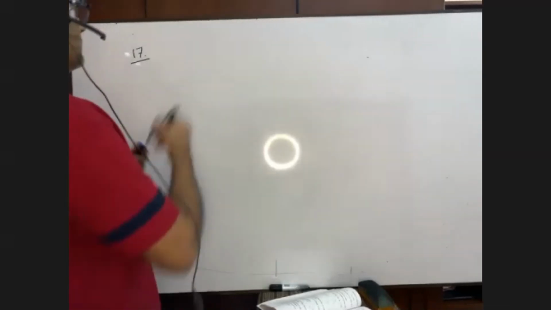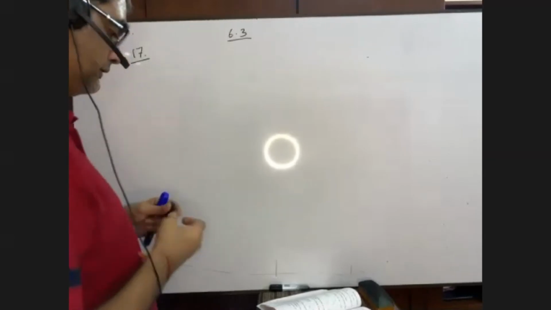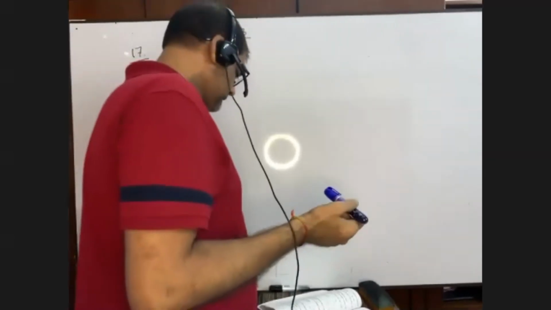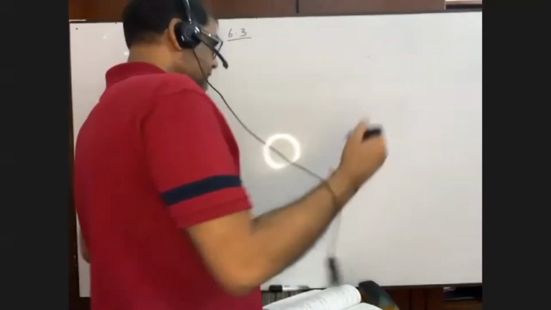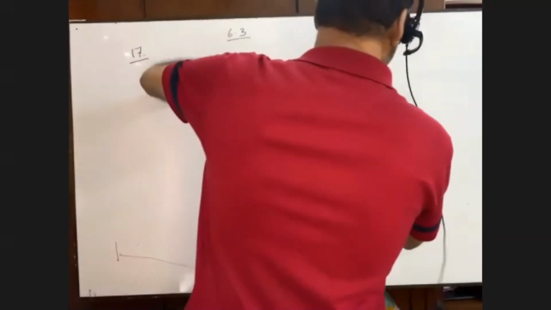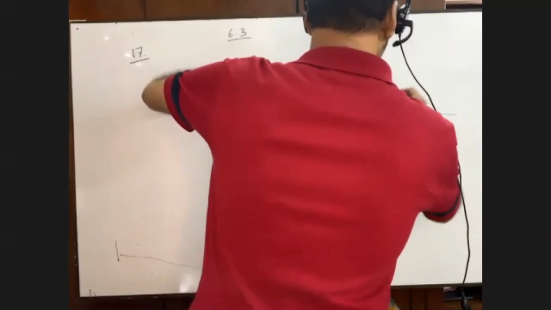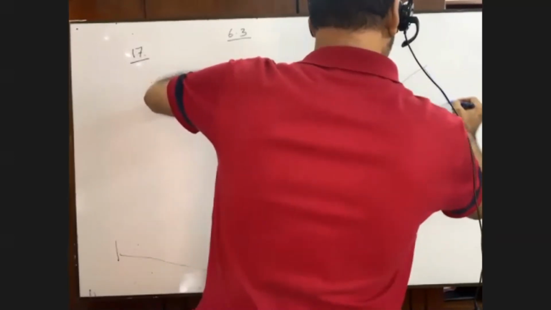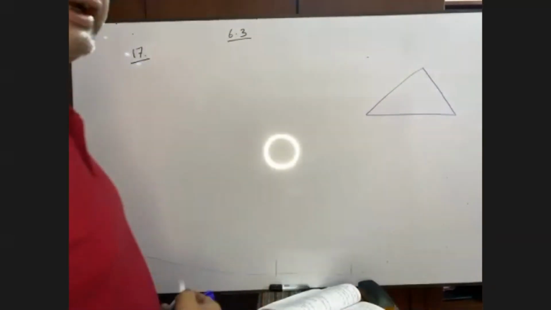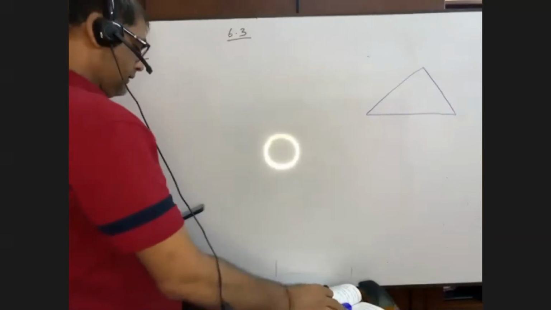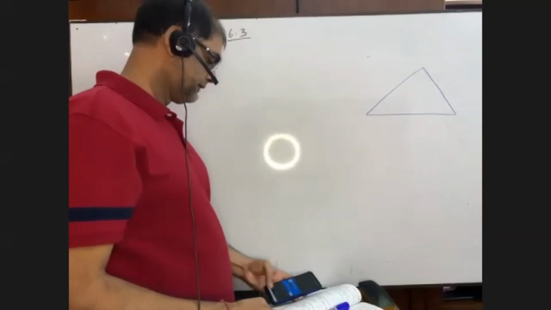If in triangle ABC, I know what is given. It is a triangle.